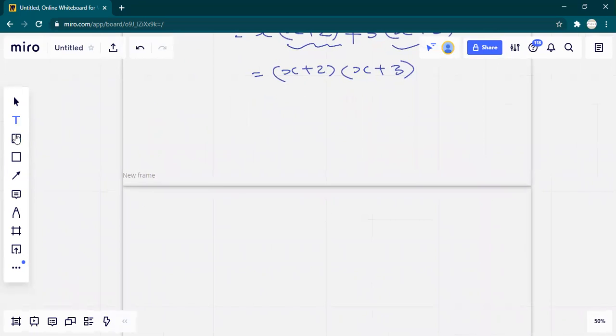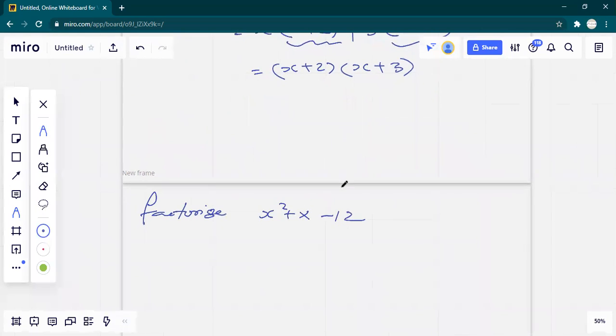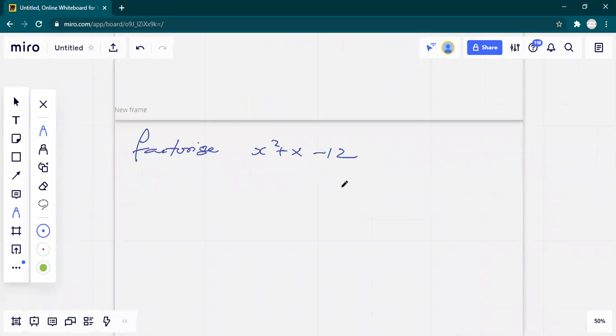Okay, let us factorize using the same method by using another trinomial. Factorize x squared plus x minus 12. So we are looking for the r and s.